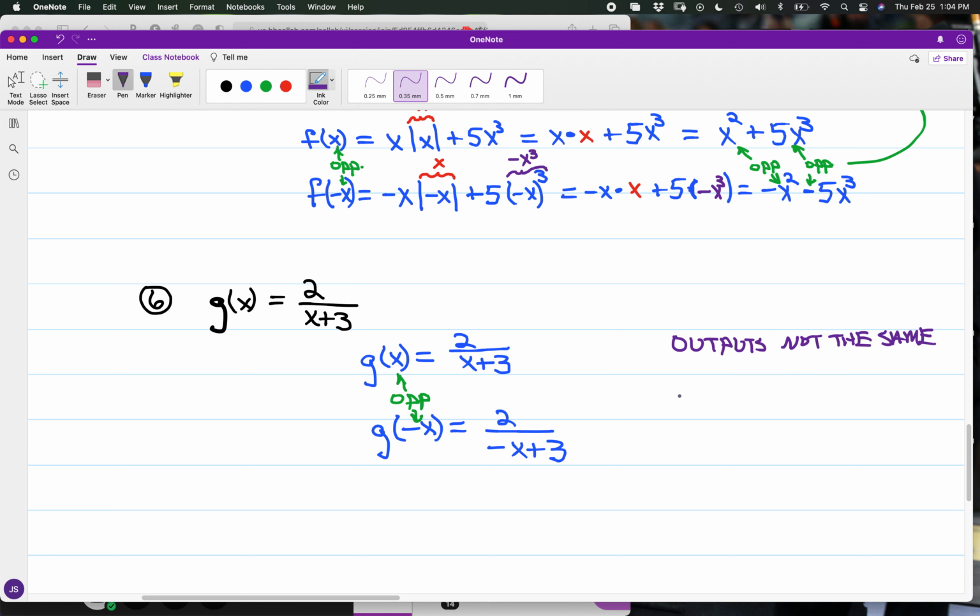And also for the outputs, you're not going to have these be additive inverses either.